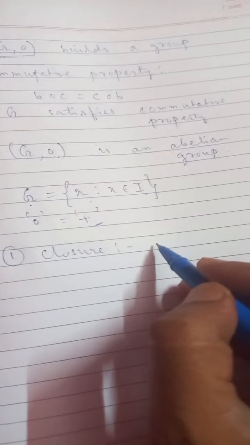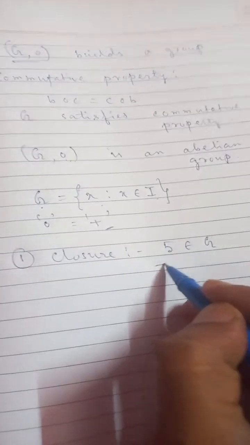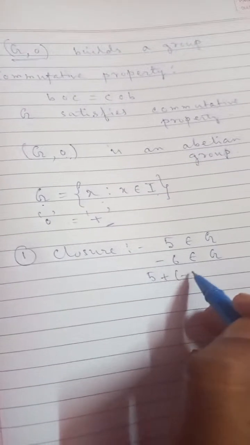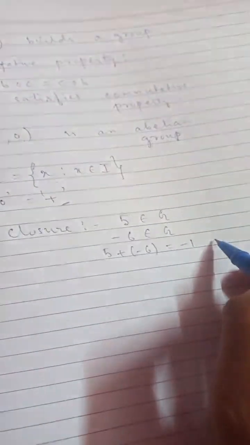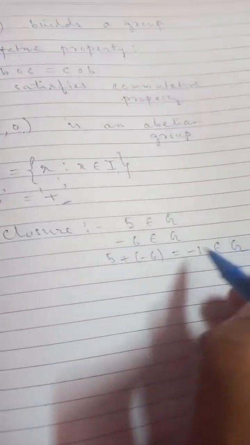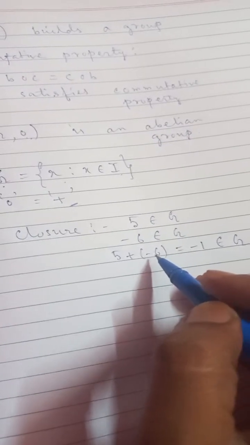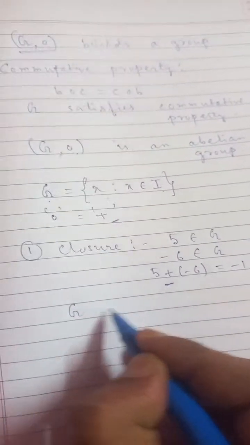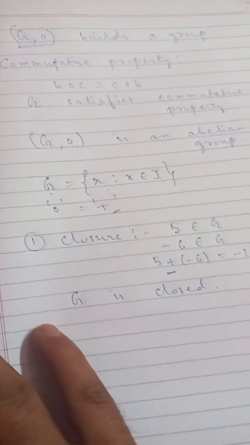If we take any number 5 which belongs to G and minus 6 which also belongs to G, then 5 plus minus 6 is equal to minus 1, which also belongs to G. If we take other examples, we will find that with respect to addition G is closed. So it satisfies the closure property.